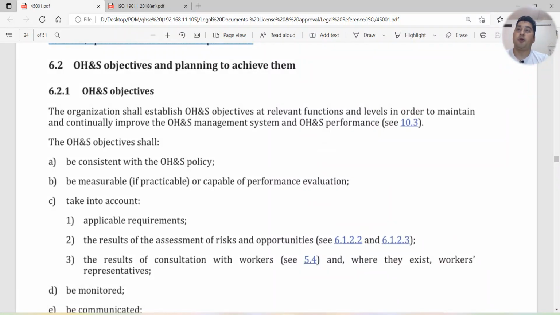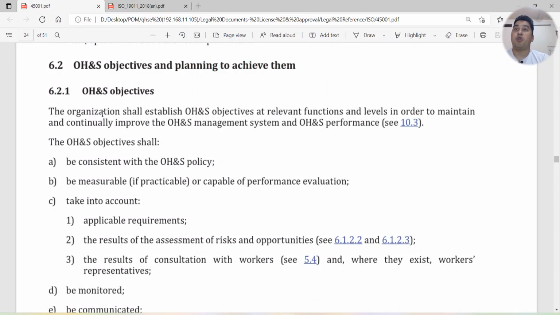Now, OHS 6.2, OHS objectives and planning to achieve them. What are the OHS objectives? Some people say KPIs also. How are we going to set the OHS objectives and how are we going to achieve them?